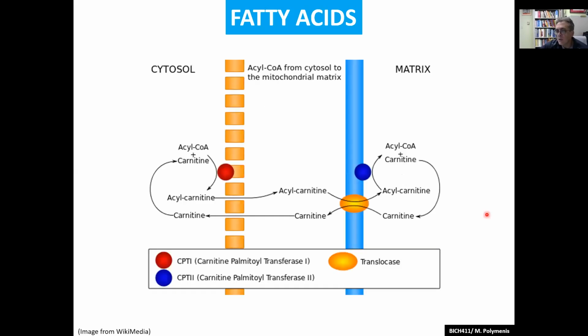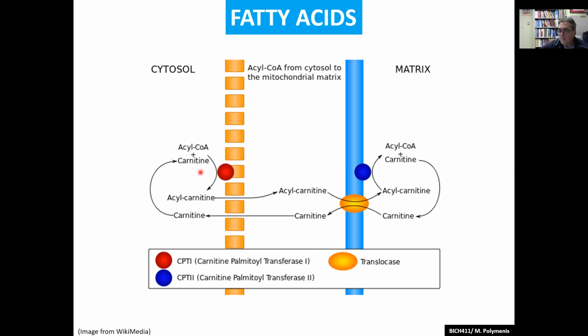So the way it is brought into mitochondria is through a shuttle. It actually has to go deep inside the mitochondria, in the matrix. The shuttle here is called the carnitine shuttle, and I'll show you in a minute what carnitine looks like.